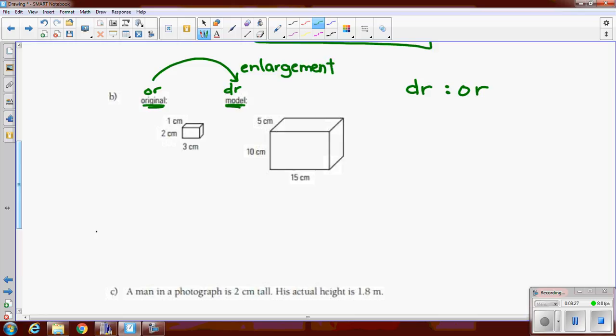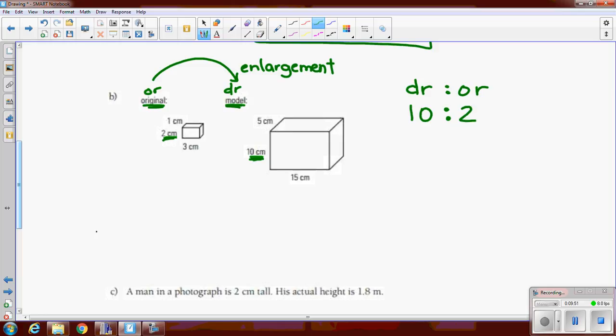So we're making something larger. On my drawing, I need to choose a side that lines up with the other one. So if I choose this height of 10, I have to make sure I look at the height of the little guy. So the drawing has 10 centimeters for the height, and the original is only 2 centimeters.